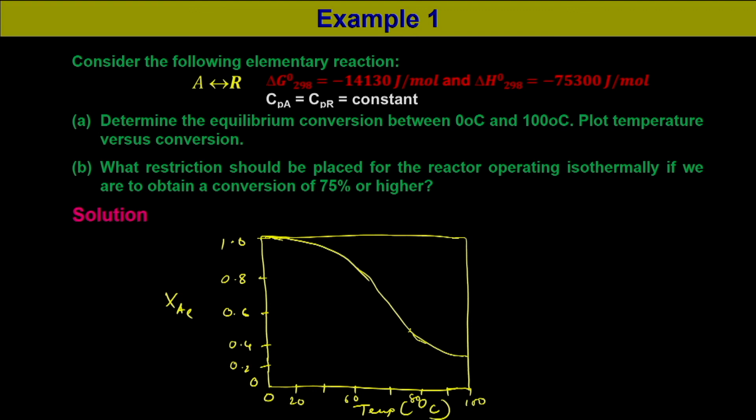Now, the first problem is we can determine the equilibrium conversion between 0 degree centigrade to 100 degree centigrade, and we can plot the temperature versus conversion plot.